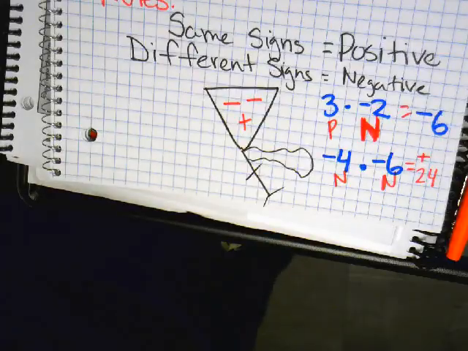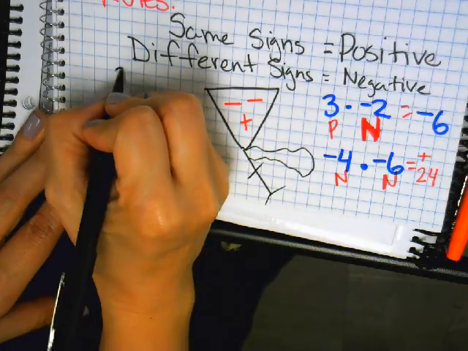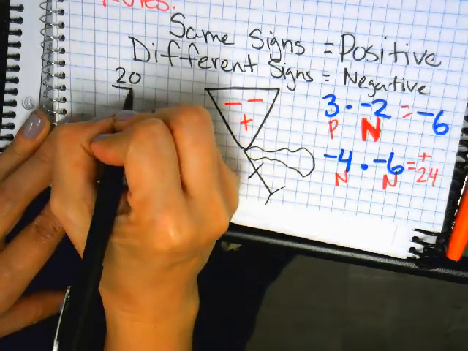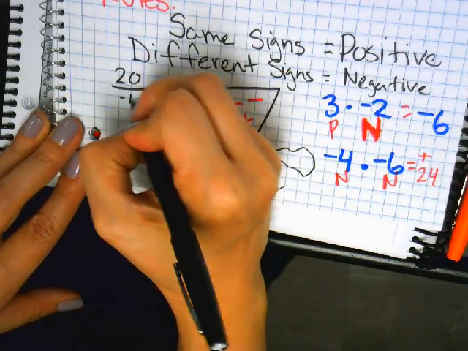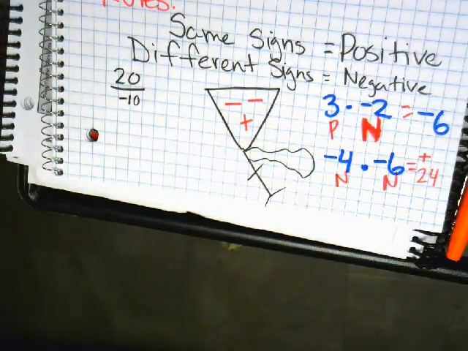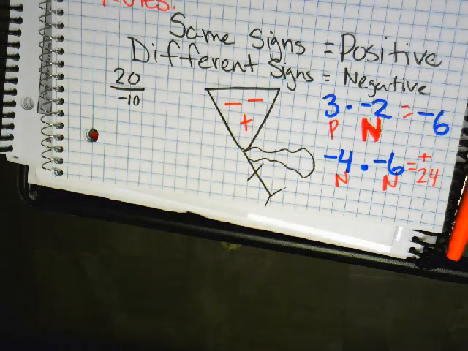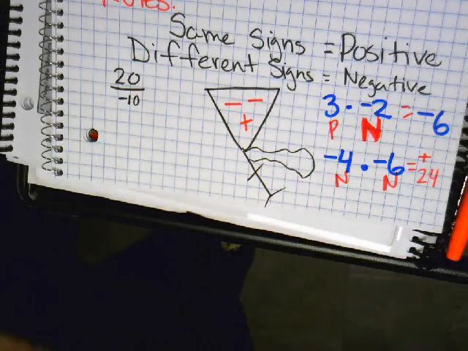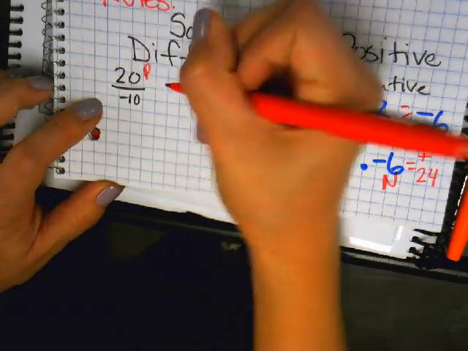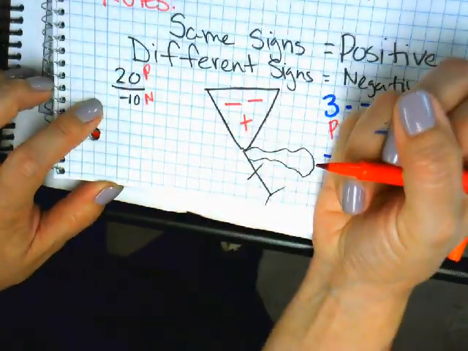Okay, so let's try a division. 20 divided by negative 10. We have this one in our homework. Okay, so this is a positive, this is a negative in division.